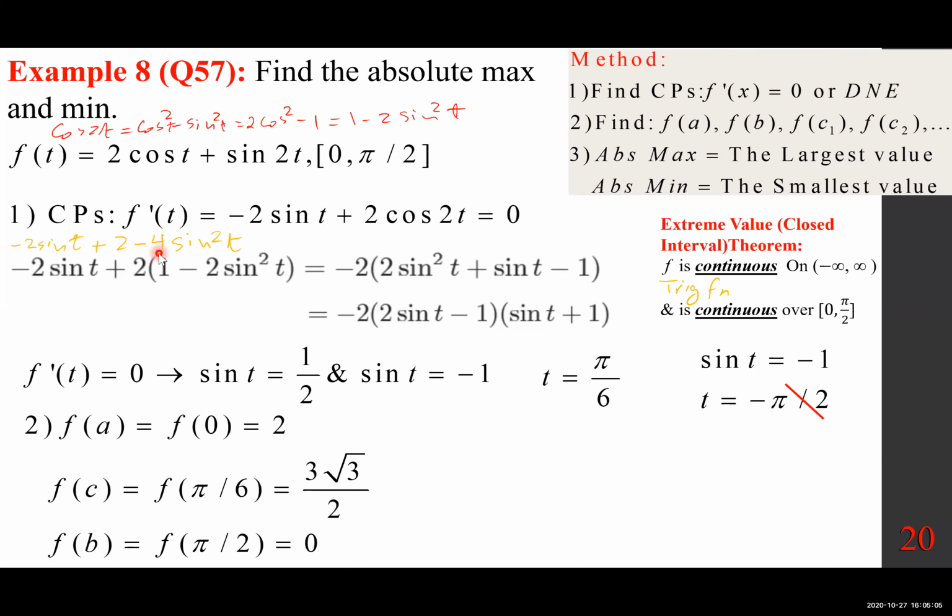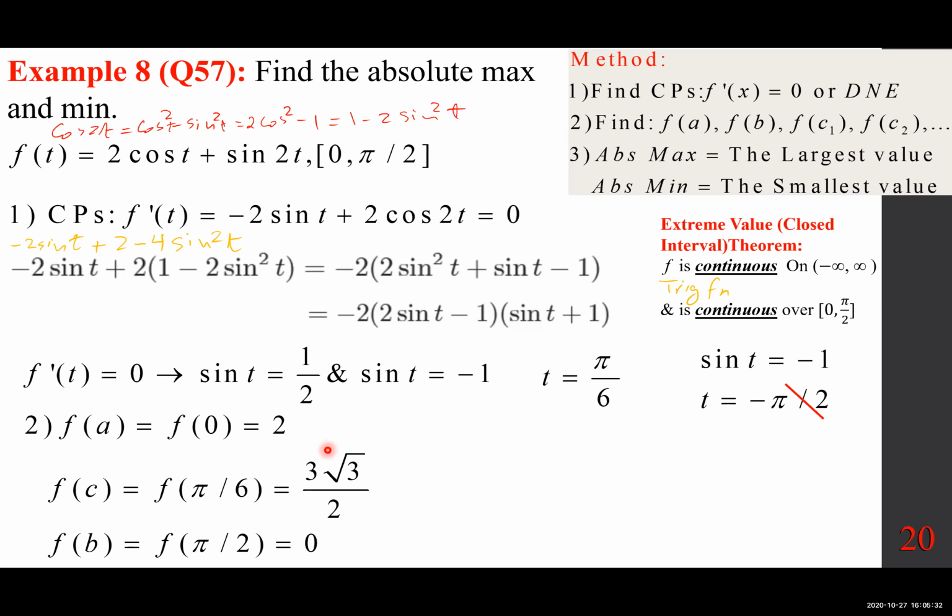If we plug in 0, cosine of 0 is 1, 2 times that is 2. Sine of 0 is 0. If we plug in pi over 6, then 2 times cosine of pi over 6, which is square root of 3 over 2, and then sine of 2t, or 2 times pi over 6, or pi over 3, which is also square root of 3 over 2.